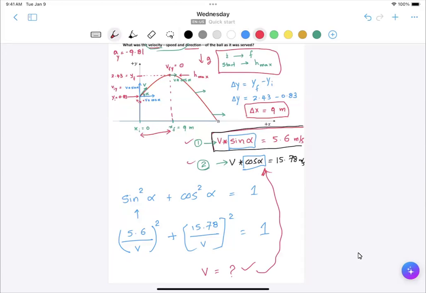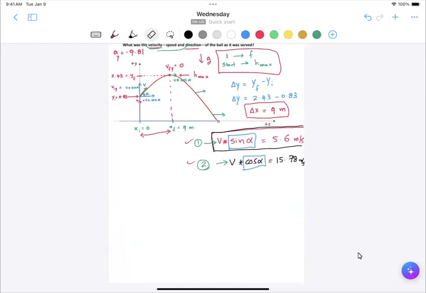So with systems of equations, whenever we have two unknowns, we set up at least two equations and find the unknowns, maybe by substitution, maybe by dividing. There's more than one way to do this. There's another way, and I will stop after this one. You have v sine alpha equals 5.6, so you can solve for v: 5.6 divided by sine alpha.